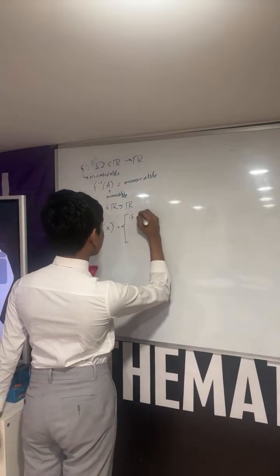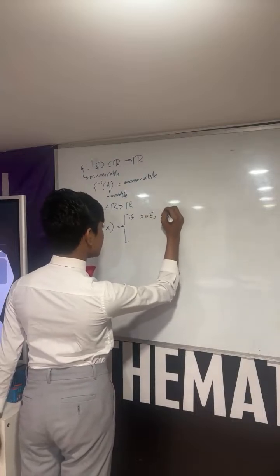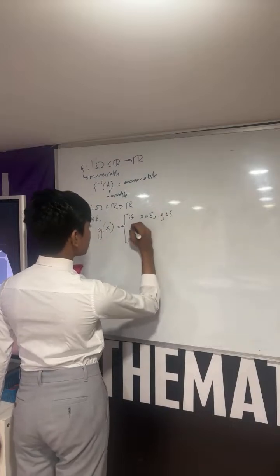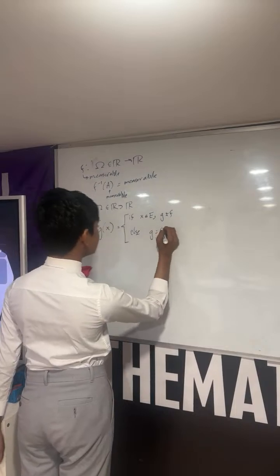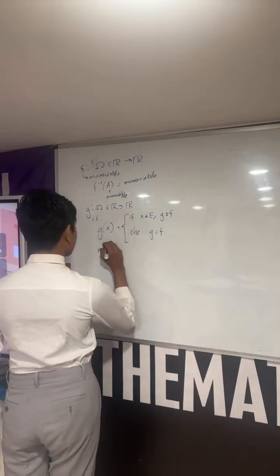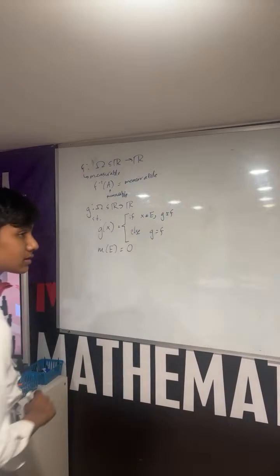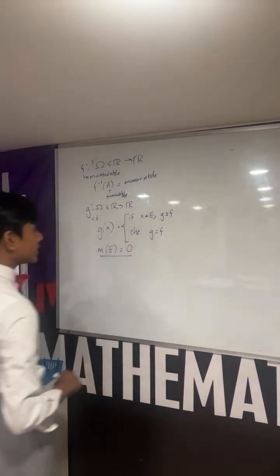If x is in E, g is not equal to f, else g is equal to f. Now let's say the Lebesgue measure of that set E is 0, so it's a singleton.